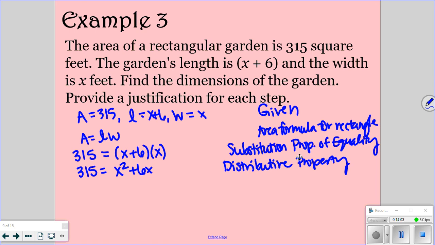After that, since I have an x squared, I'm going to want to set it equal to 0 so I can factor. So I'm going to subtract 315 from both sides of my equation. And so that would be the subtraction.